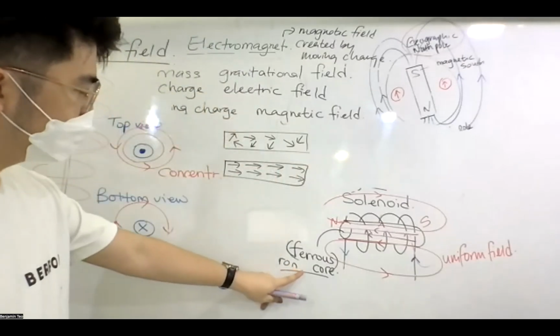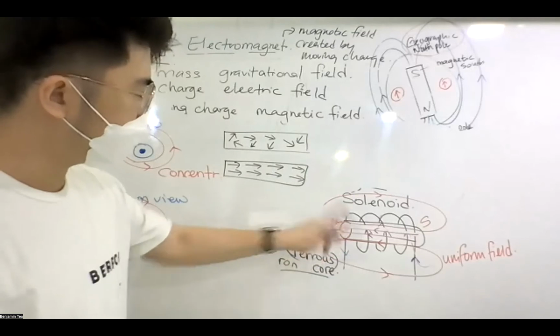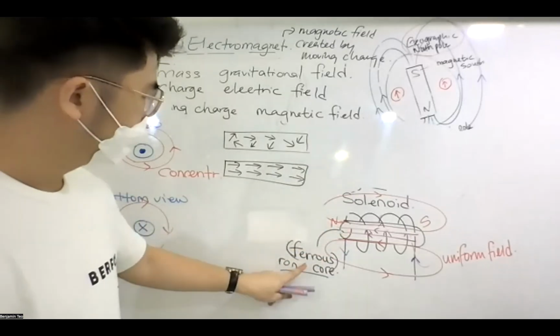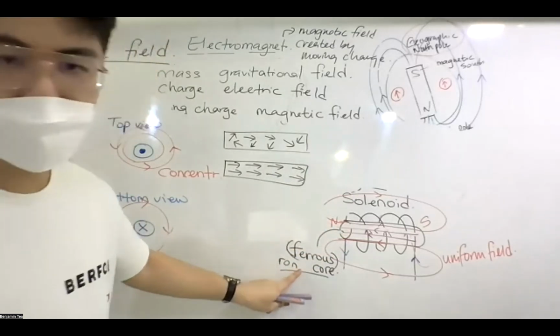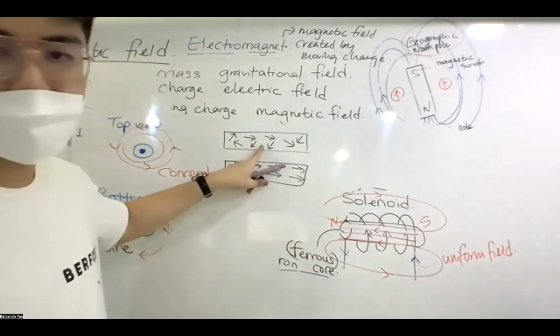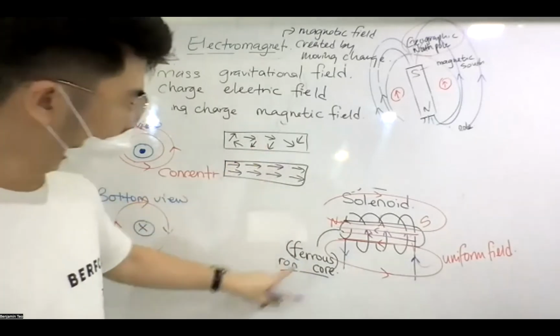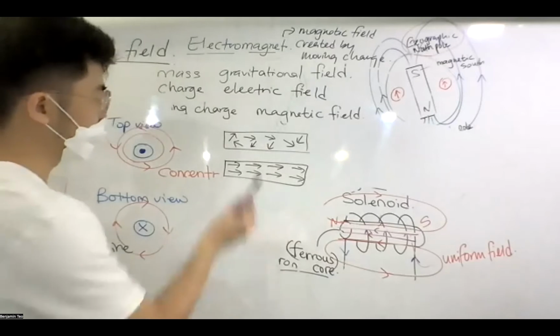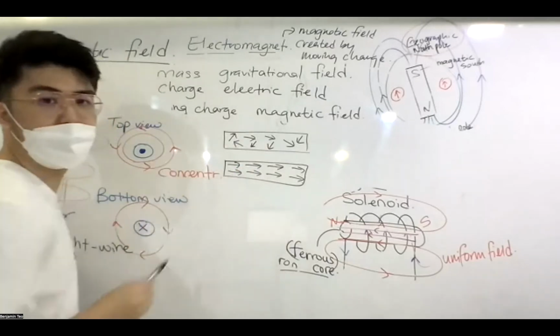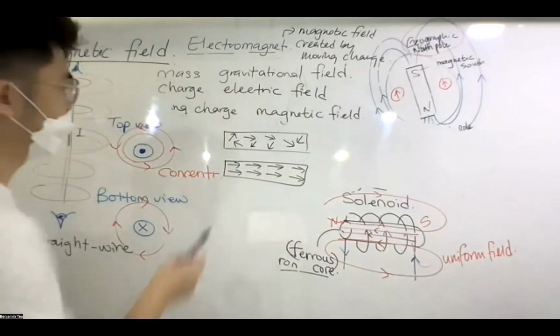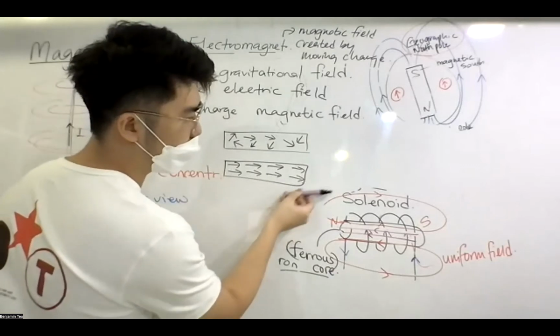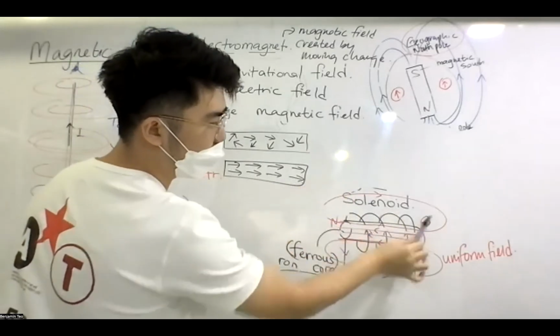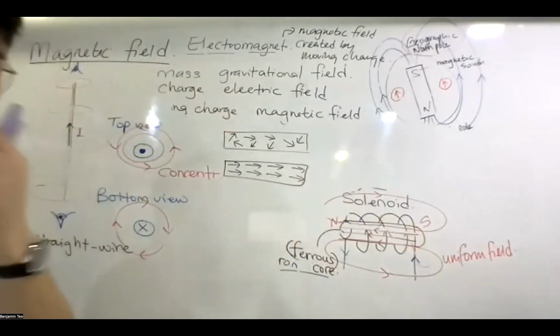Now for iron, if we put an iron core inside, at first the iron core is not a magnet. They are like this one. If I put it inside here, this one will become this one, because of the magnetic field of the solenoid.